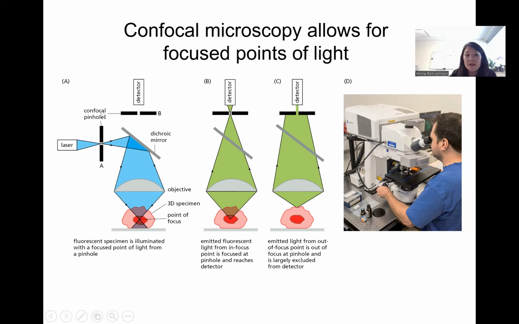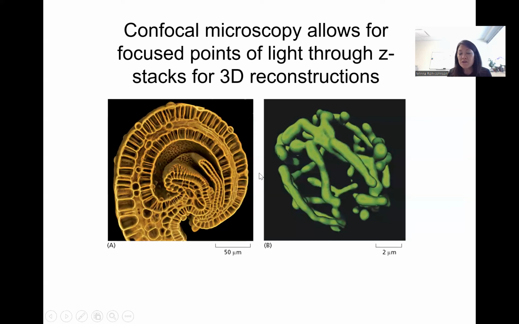So what these pinholes, these confocal pinholes allow you to do is focus in the laser so you can really excite a specific point of focus, as well as detect a specific point of focus. And as a result, remove all of the out of focus light so you can get better resolution. So if you did that through the sample in that axial direction, in that Z direction, you could begin to then reconstruct it back into 3D with software.